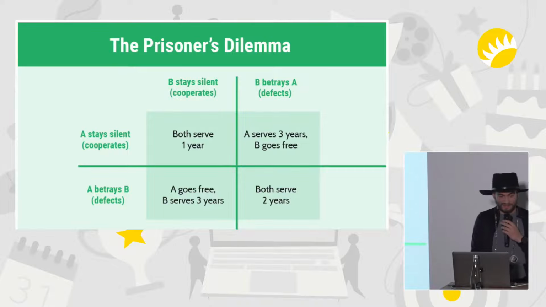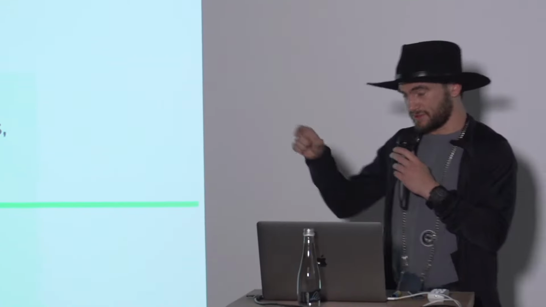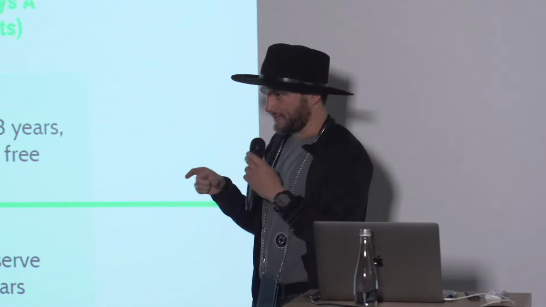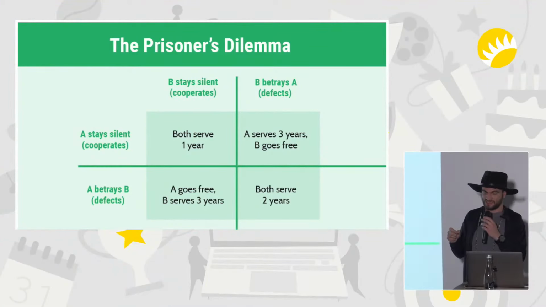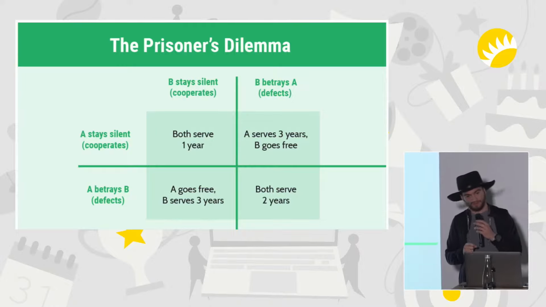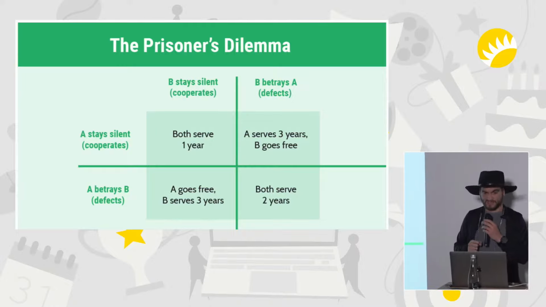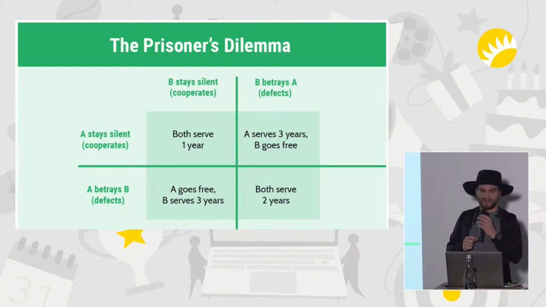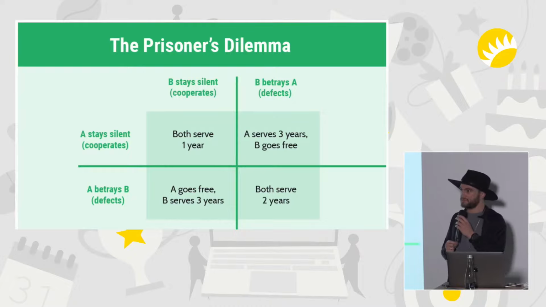So the strict solution, the tool that we can apply to understand when communication goes wrong, is the prisoner's dilemma.